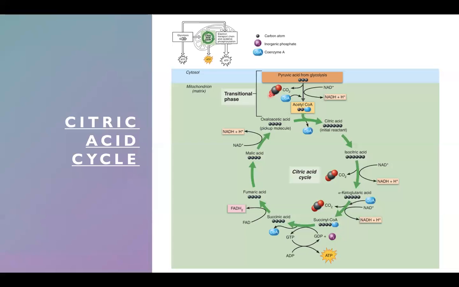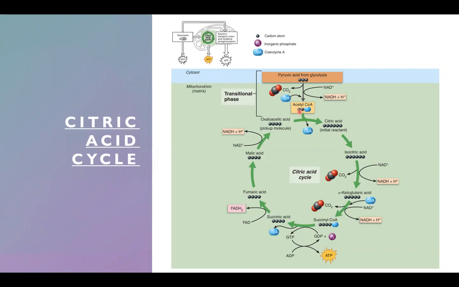The carbon dioxide is waste from your cells making energy from glucose. Think for a minute how your body gets rid of this carbon dioxide waste, and exhaling is one way that our body gets rid of CO2. So we formed acetyl-CoA in this transitional phase, which has 2 carbon atoms.